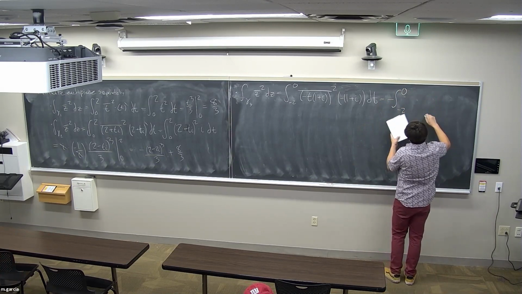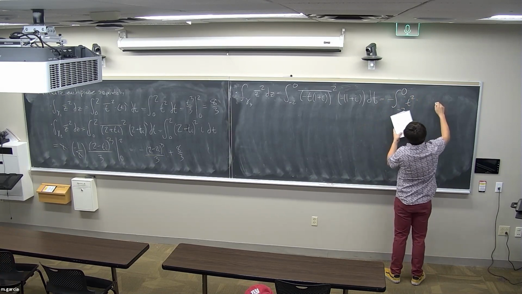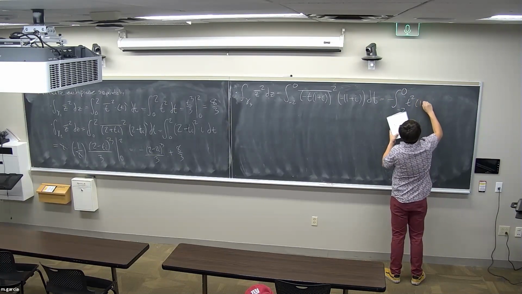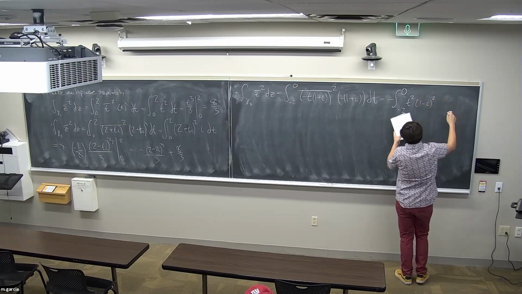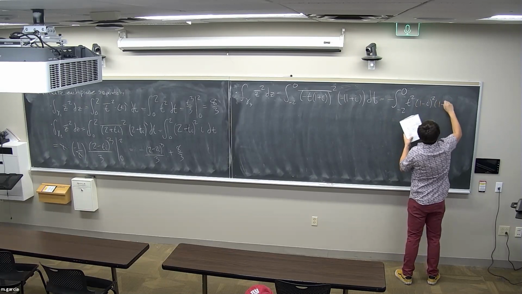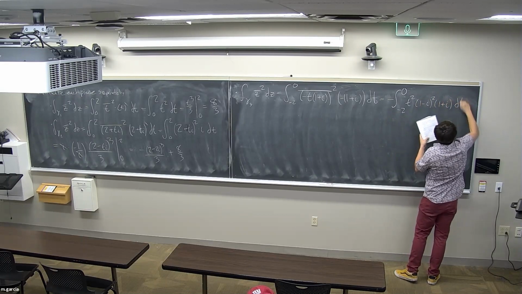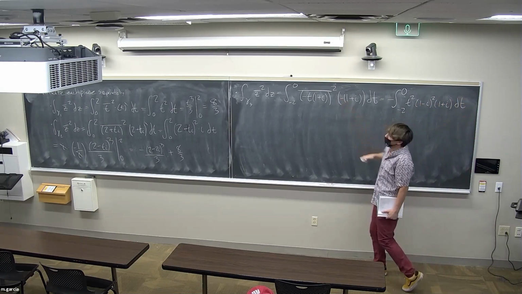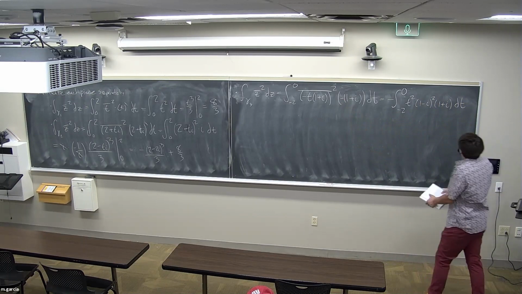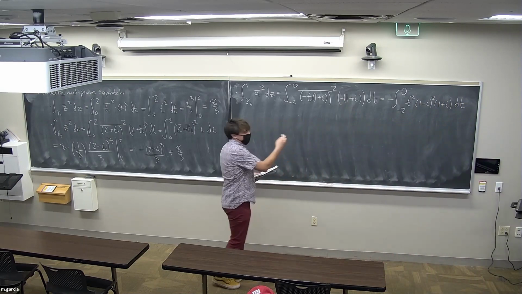Integral from negative 2 to 0 of t squared times (1 minus i) squared times (1 plus i) dt. And I just pulled the negative out from here. Okay, so most of these are constants, right? I'm just integrating t squared again.